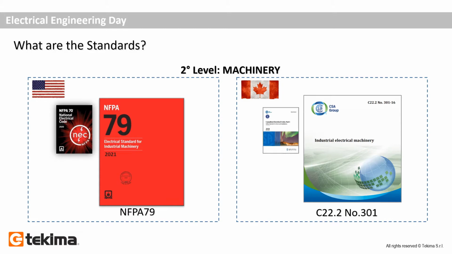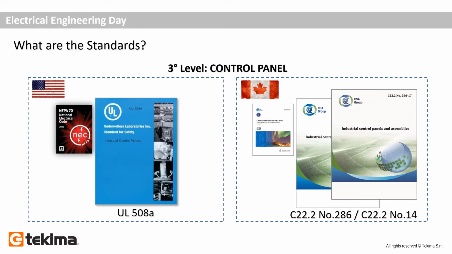Same thing also in the second level. These are the two reference documents, respectively, from United States NFPA 79, Electrical Standard for Industrial Machinery, and for Canada, C22.2 number 301.